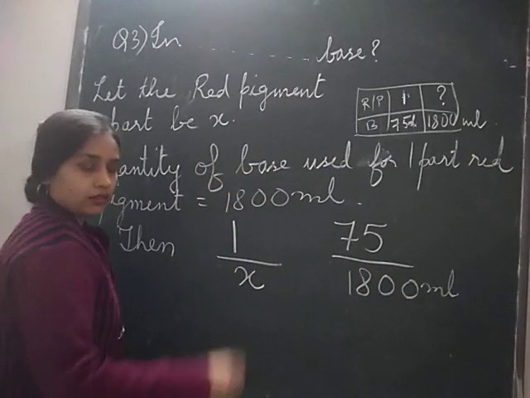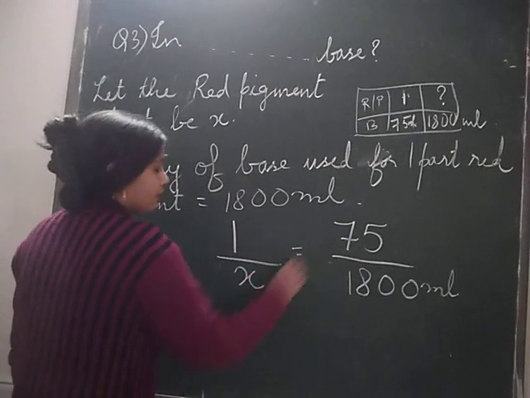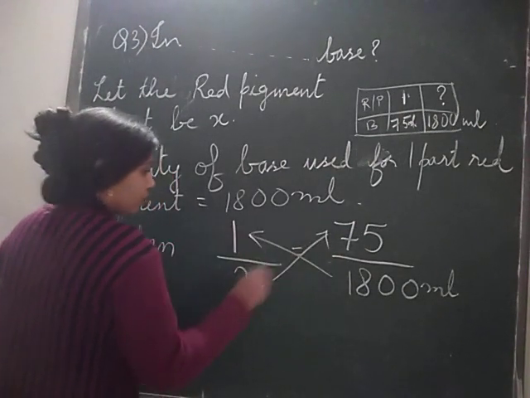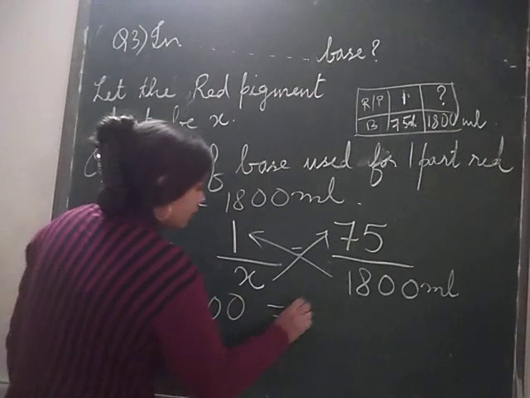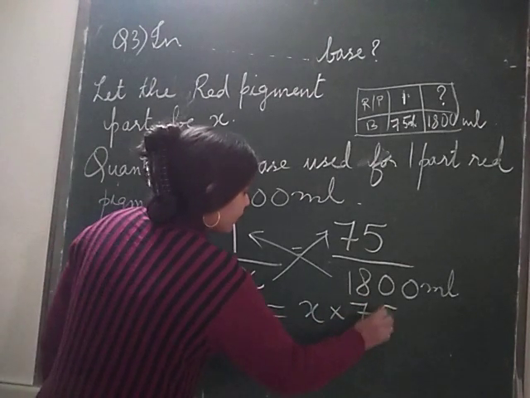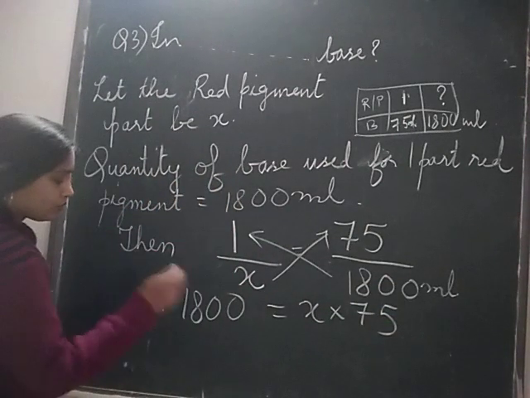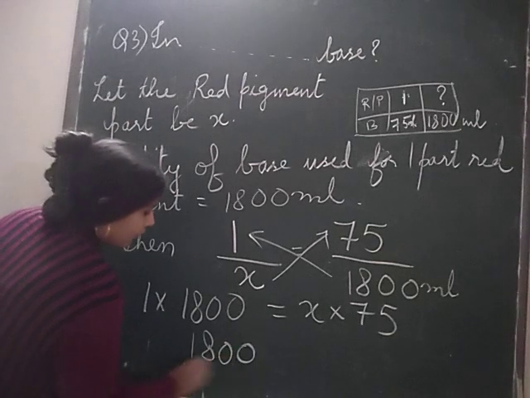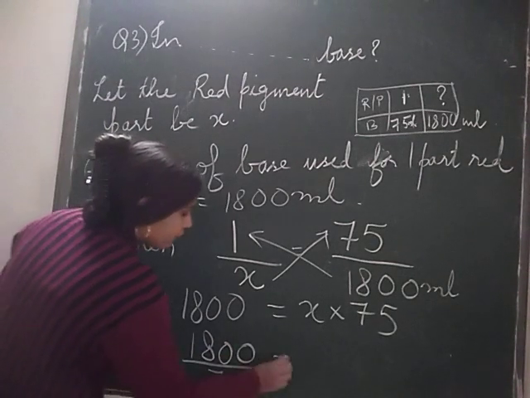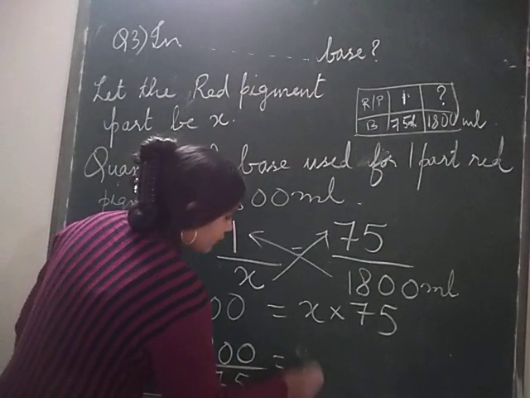Okay, we cross multiply. So here 1 into 1800 and here X into 75. 75 is transposed to this side. This becomes 1800 by 75, which is equal to X.